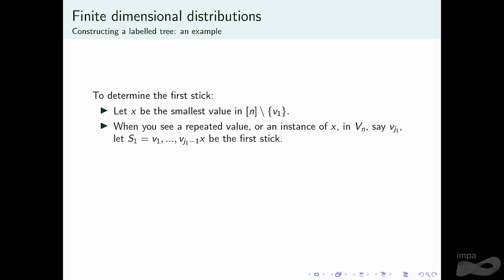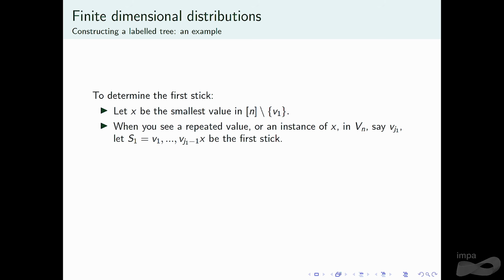So to determine the first stick is a bit different than to determine subsequent ones, and it's maybe the easiest to understand. We can think of traversing this sequence, v1 through vn, and we take the smallest value that we have yet to see. When we see a repeated value, an instance of the value x in our sequence for the first time, we stop, and we take out all of those vertices that we've just seen, and we make that into a stick.